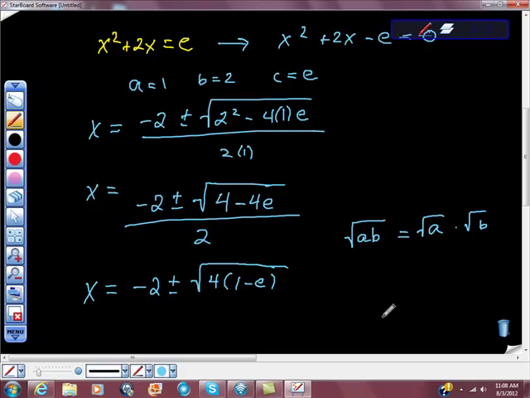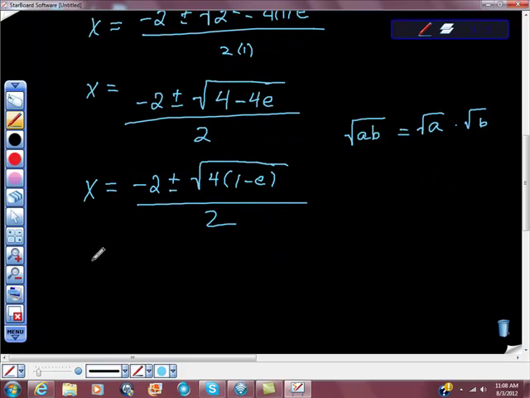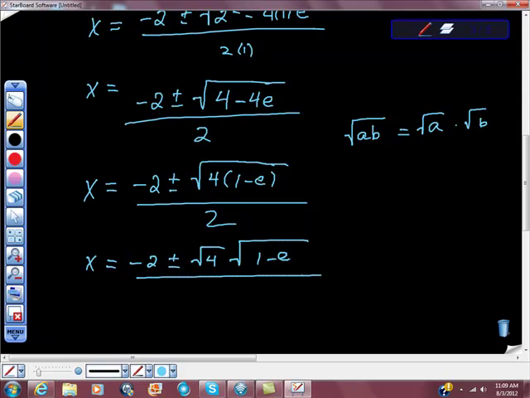So I can pull this square root of 4 out. I can rewrite this like this. You can see that x is equal to the opposite of 2 plus or minus the square root of 4 times 1 minus e all over 2. All right, square root of 4 is 2.